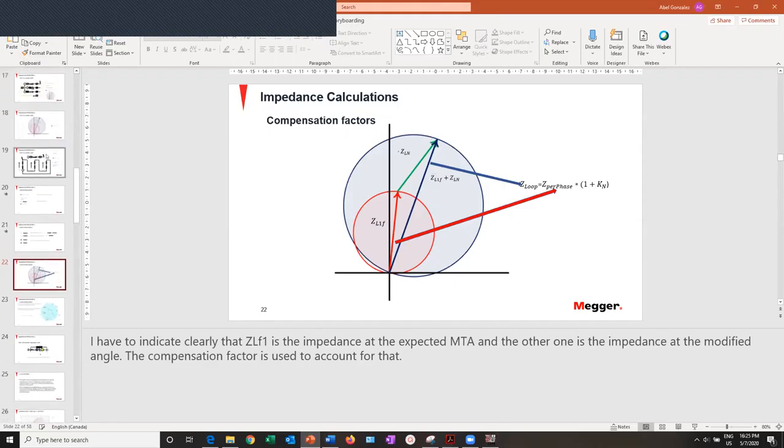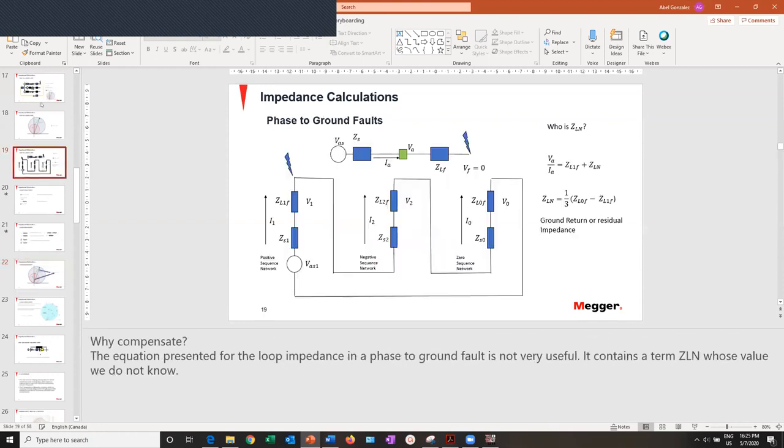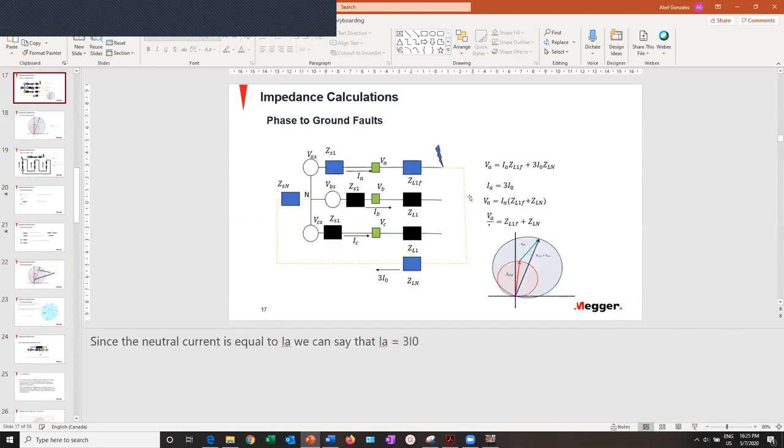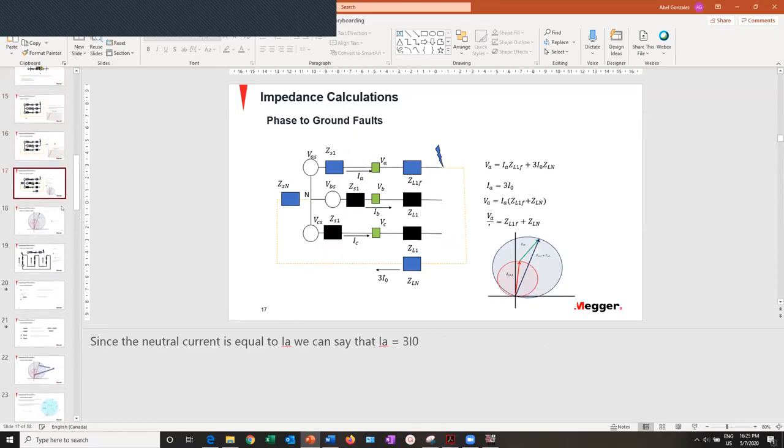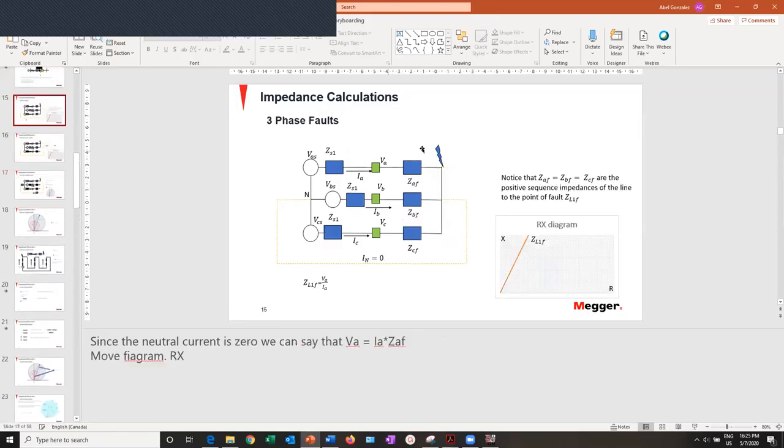Well, the loop impedance is when you have a single phase to ground fault. Unlike a three-phase fault, where the only impedance you have is the impedance of the line, here the loop is made of the voltage and the impedance of the line.